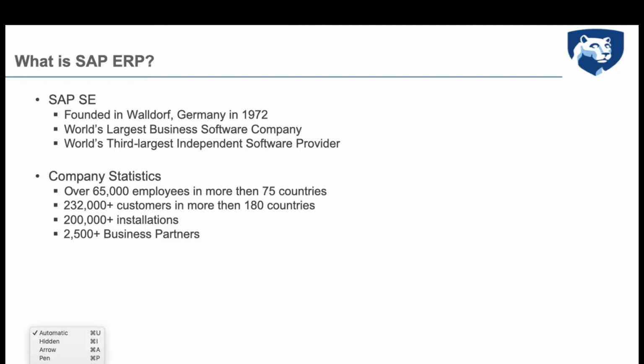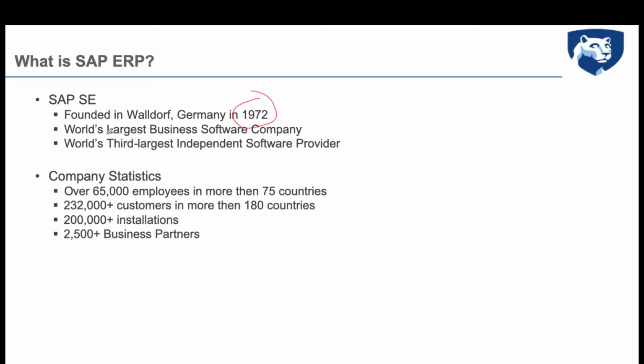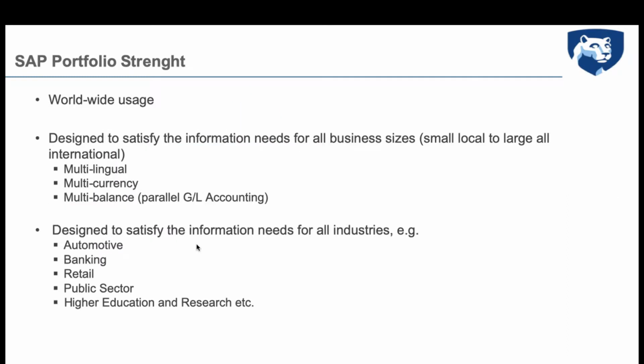SAP is a very, let's say, old company, founded in 1972, the world's largest business software provider, with over 65,000 employees all over the world, over 200,000 installations, and 2,500 business partners, used worldwide.